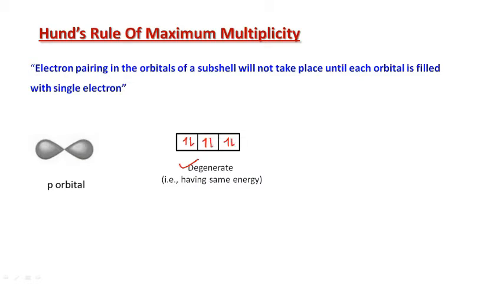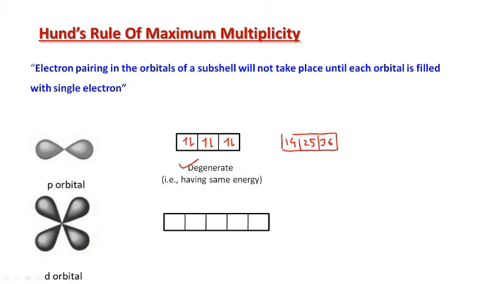Some students have confusion while writing this, so it can also be understood like this. This is electron number 1, 2, 3 and then 4 will come over here, 5 will come here and this is the 6. So 1, 2, 3, then 4, 5, 6. This is how to fill the electrons.